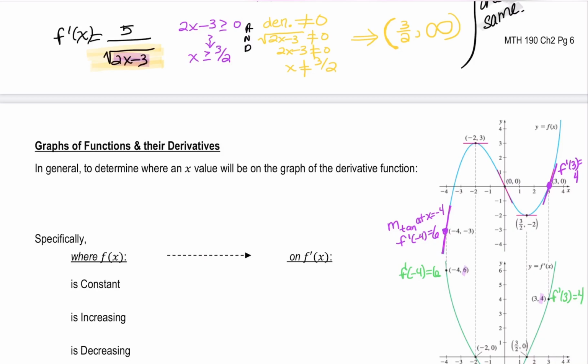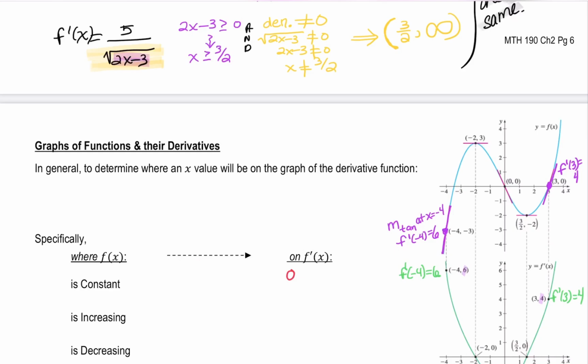Now, let's make some generalizations. Let's start with a region that's not even on this particular example. Just think reasonably: if a function is constant, what would its rate of change be? What would its derivative be? Hopefully that comes relatively quickly. It would be equal to 0.